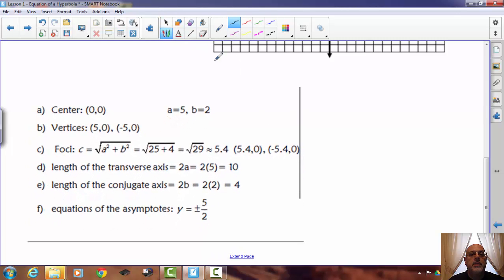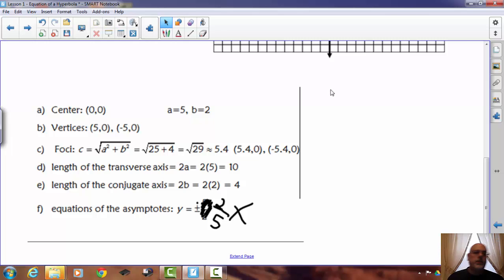You have to bear with me as I try and use this pen here. Plus or minus 2/5 x. Alright. I'll practice more with the pen. Hopefully I'll get better with it.